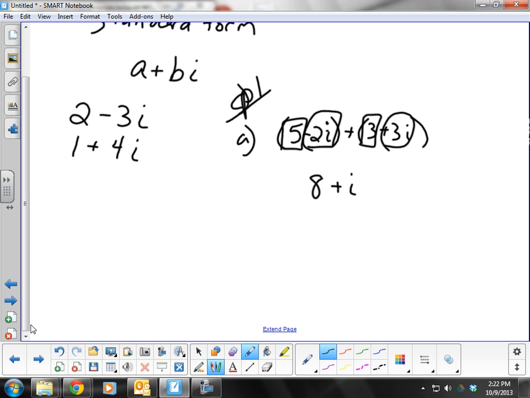That's how you add them. So you just do like terms. Do the real number parts together and the imaginary number parts together, and you just combine them just like you do if it were an x. No, i is i. You're done with it. Yep, kind of like an x, but not like x.